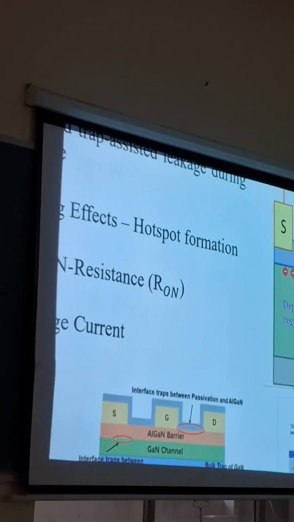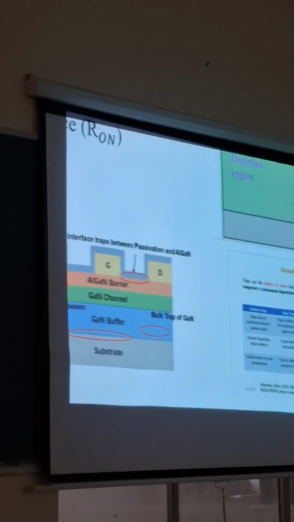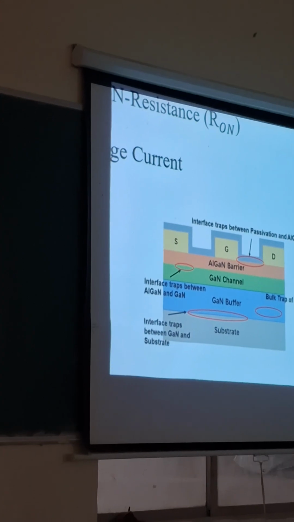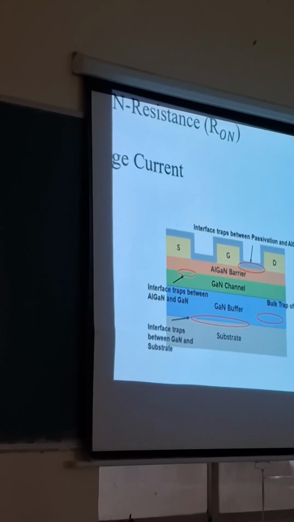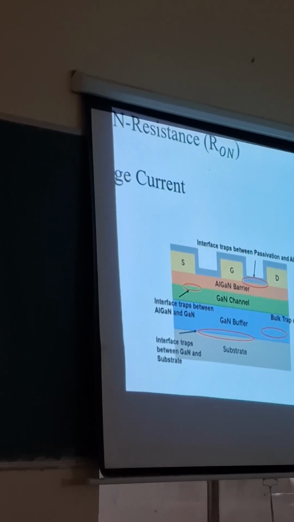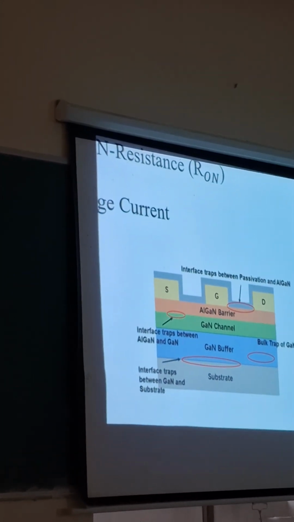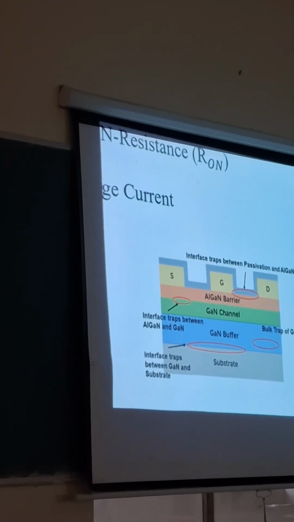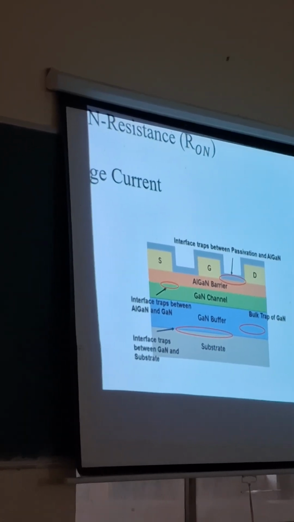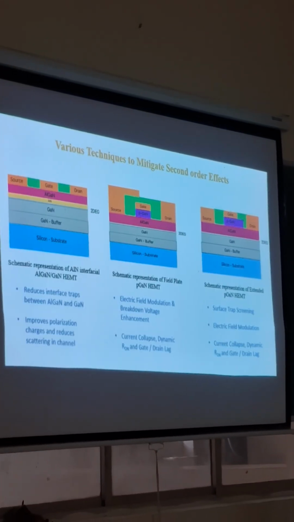Okay, so these second order effects can be mitigated. But just before that, let's see what the interface traps are. In every material used in IC applications there will be errors that occur. There will be interface traps between the GaN and the substrate, the GaN channel and the barrier, and other passivation layers.